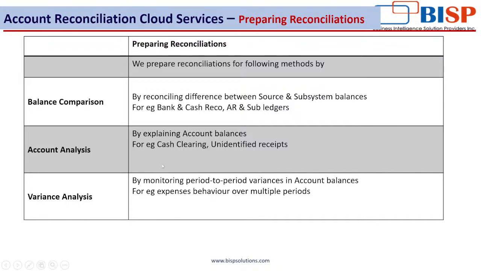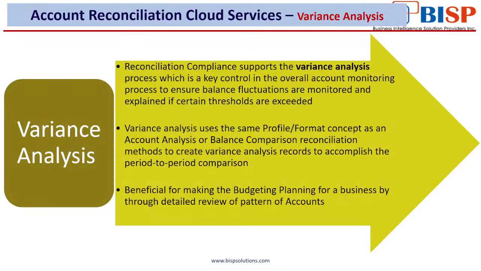In this, it monitors period to period variations in account balances. It basically compares the balances of two periods, and to compare that, we use the variance analysis method. Reconciliation compliance supports the variance analysis process, which is a key control in the overall account monitoring process to ensure balance fluctuations are monitored.